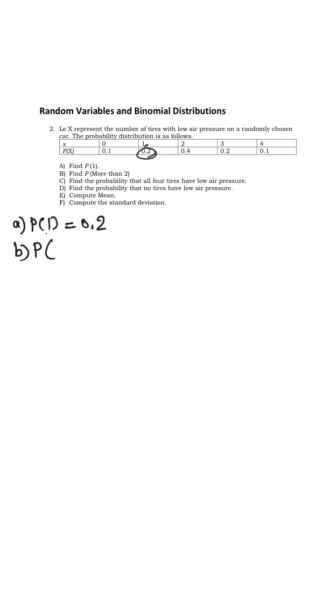Probability for more than 2. More than 2 means it can be 3 or 4 tires. So 3 and 4. So 0.2 plus 0.1. So probability is 0.3.